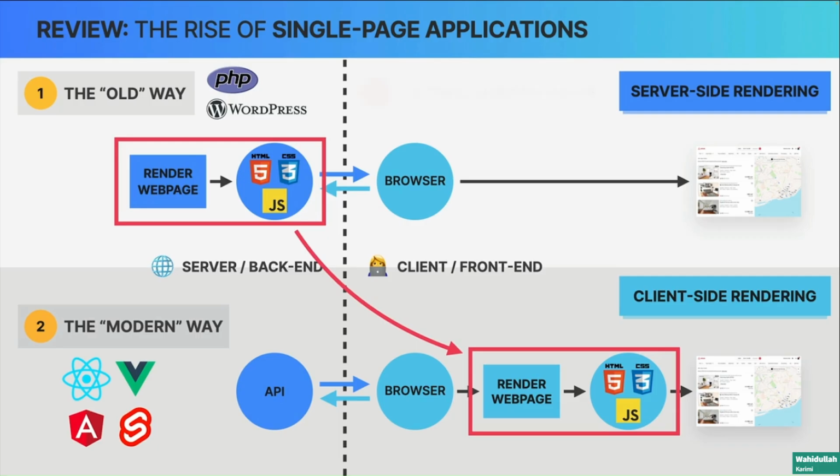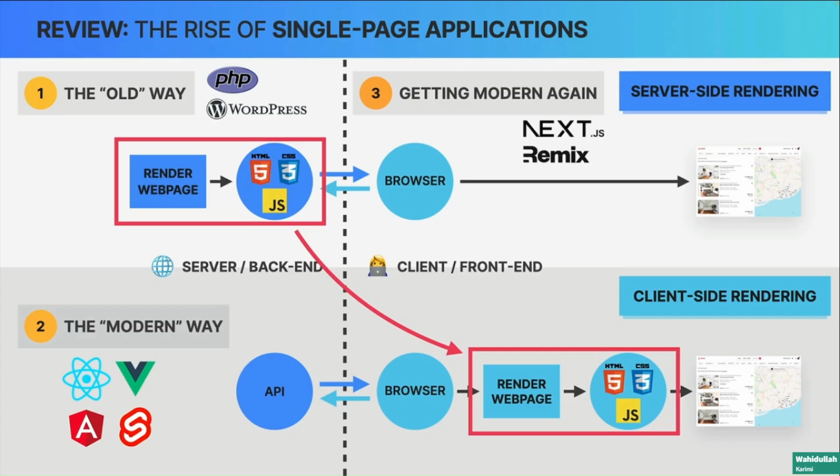But we're now definitely seeing a shift back to server-side rendering for certain types of apps. And this new modern trend is fueled by full-stack React frameworks like Next.js or Remix, but also by other full-stack frameworks like Nuxt, SvelteKit, or Solid Start.